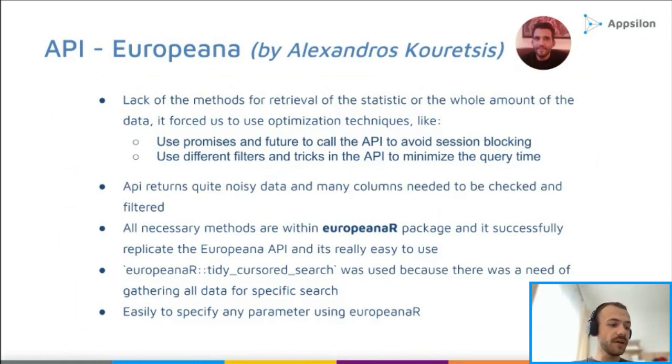For example, queries can be time consuming, and we want to avoid blocking the main session. So we decided to use promises and future to call the API. So another user can easily perform a query while another user is also doing the same.